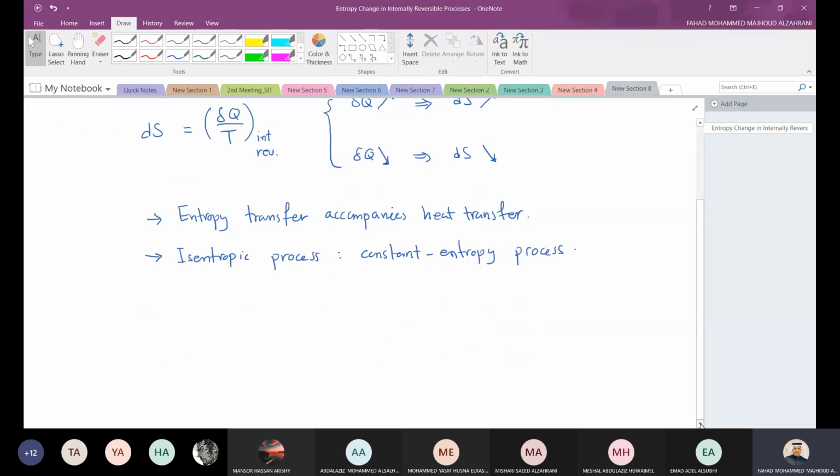That's the idea here. Let's rewrite this dq in terms of T ds, because I would like to talk about the area representation of heat transfer.